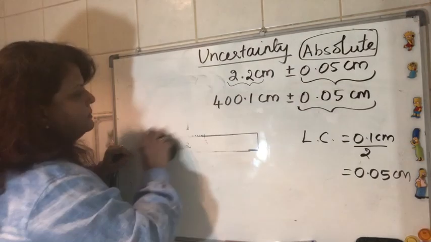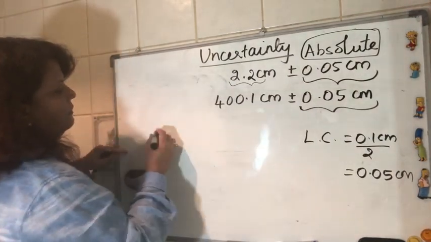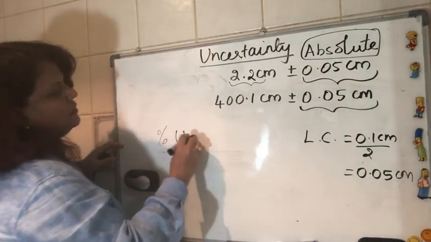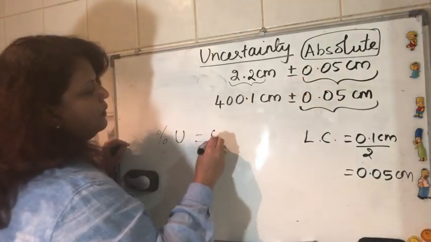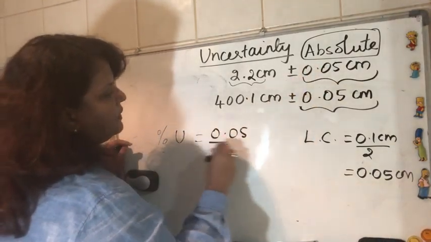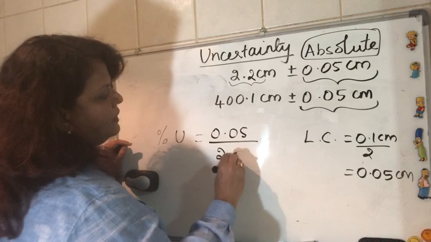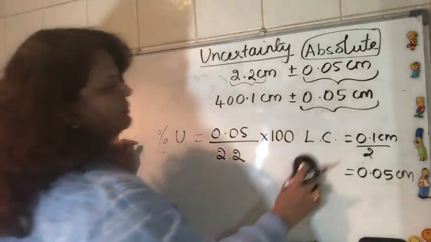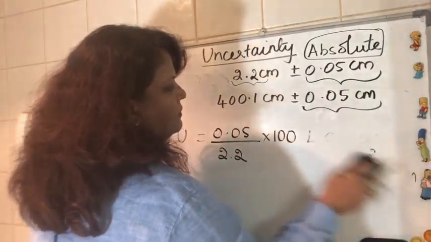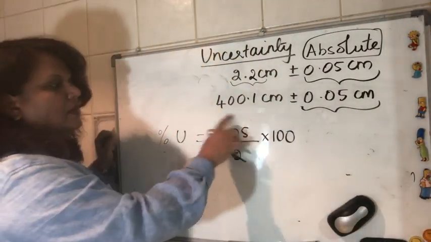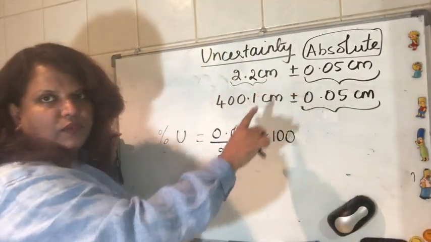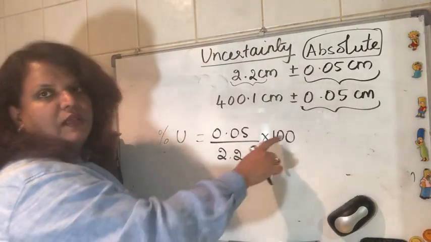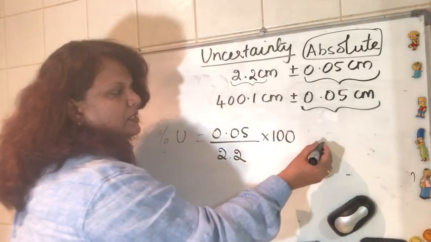It is nothing but the absolute uncertainty upon the reading multiplied by 100. I repeat, the absolute uncertainty, I hope you got how to calculate it, upon the reading multiplied by 100, you will get the percentage.